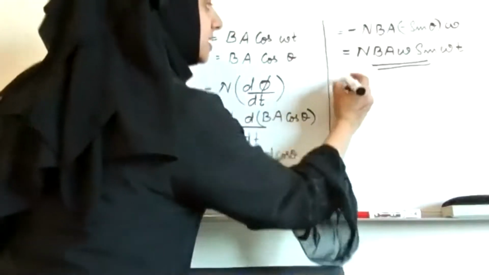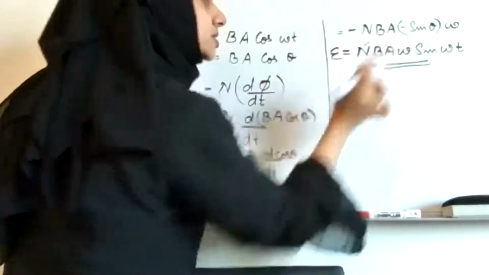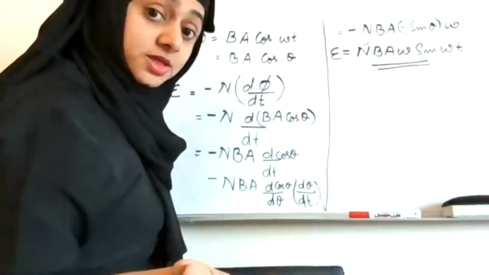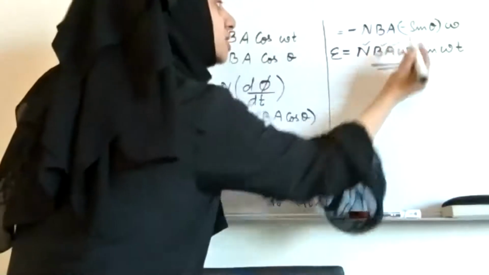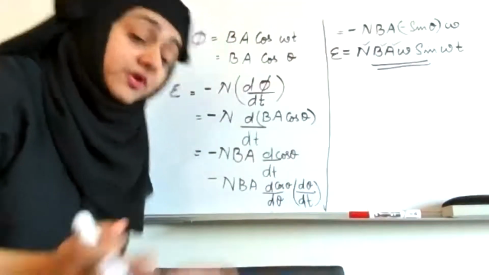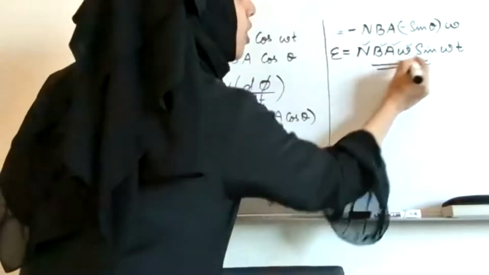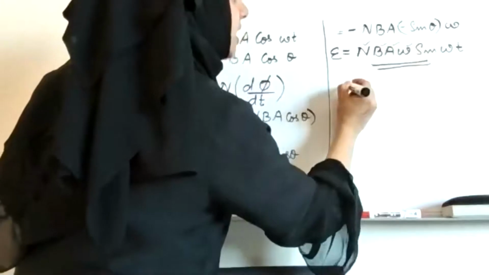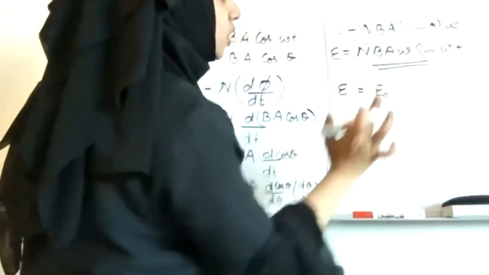And this is the EMF produced, right? N is a constant. Number of turns of the coil is a constant. B is another constant. A is constant. And if we are rotating with a fixed angular velocity, omega also will be constant. So all these constants we can say together as epsilon naught into sine omega t.